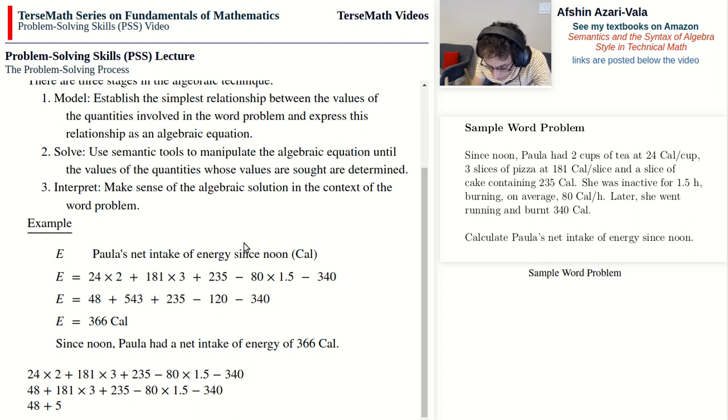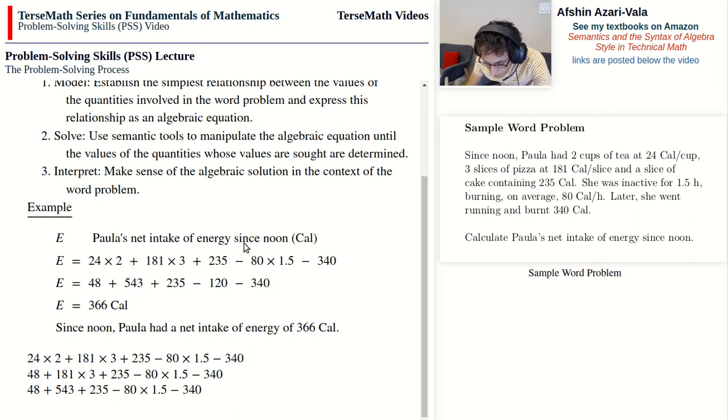That gives me 543, and then to this I add 235 and subtract 80 times 1.5, and then we subtract 340. Now we go again from left to right, and we do the next multiplication, which is 80 times 1.5. All right, so we have now 48 plus 543 plus 235 minus 120 minus 340.